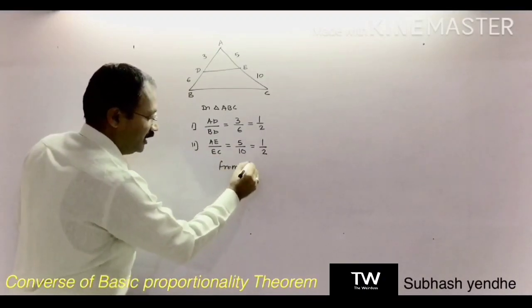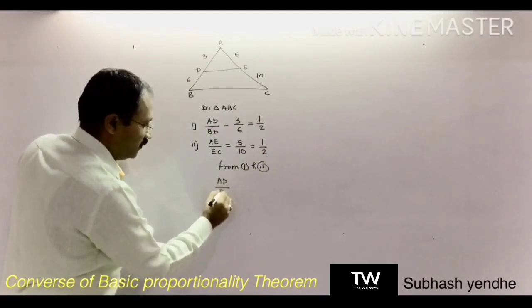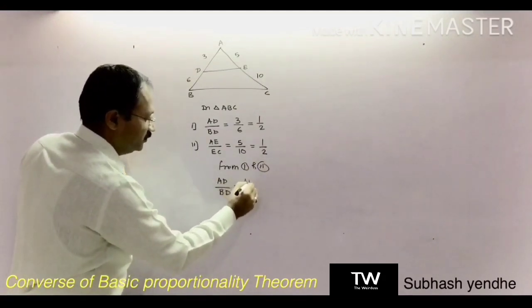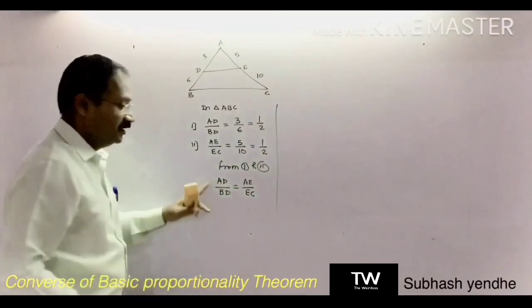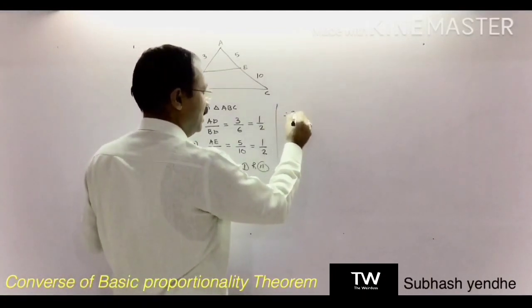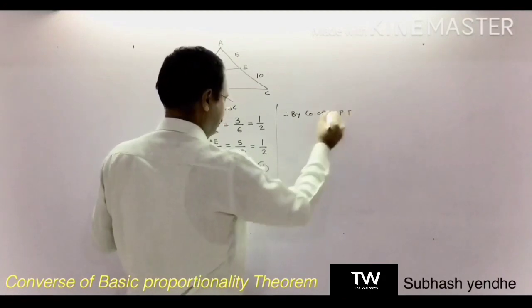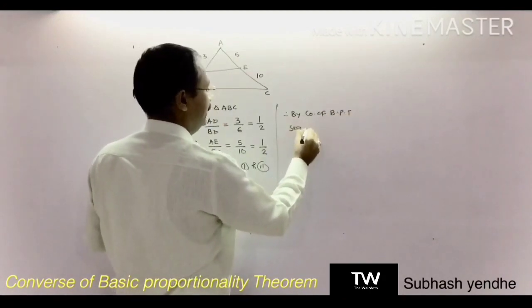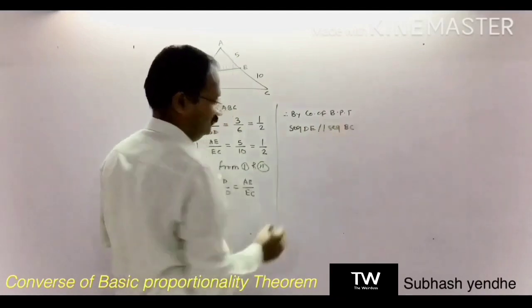From 1 and 2, AD upon BD equals AE upon EC. This ratio is equal. Therefore, by converse of BPT, segment DE is parallel to segment BC.